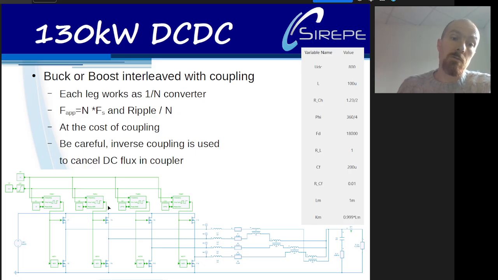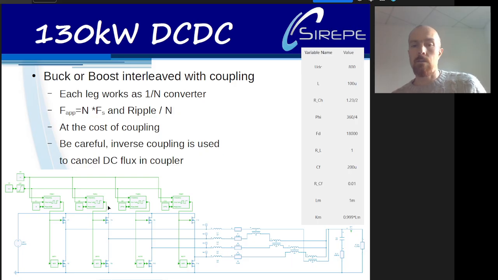It means that the apparent frequency in each leg is 4 times the switching frequency, and the high frequency ripple in each leg is divided by 4. At the cost of adding 4 transformers, but we can use a unique intercell transformer instead. But in simulation to begin, it's better to separate the 2 functions, filtering and coupling, to better understand the working.